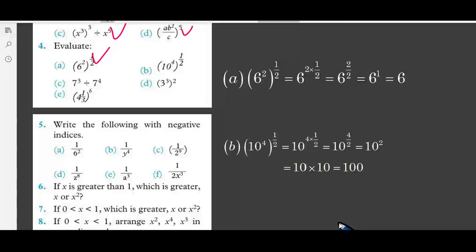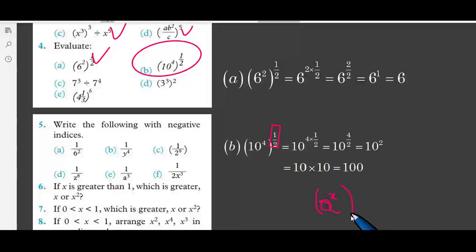B is like A. We always apply the same way. This half, this fractional exponent will operate like this. We used this law here, this law will be applied.